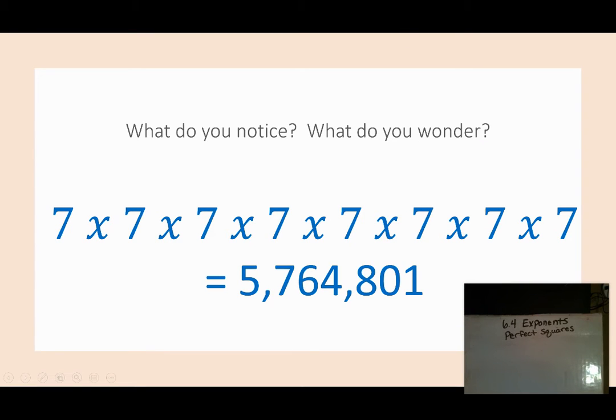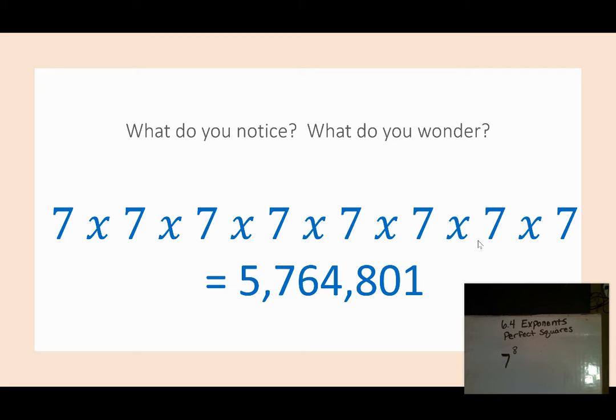There's 1, 2, 3, 4, 5, 6, 7. There's 8 7s. So an easier way to write that is 7 to the 8th power. And it's this little 8 at the top.